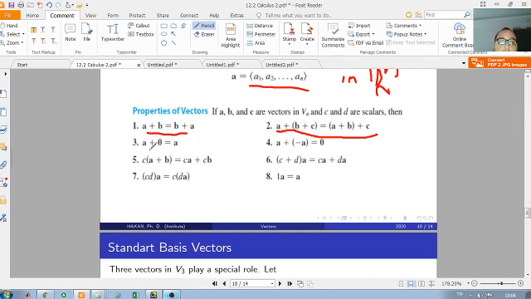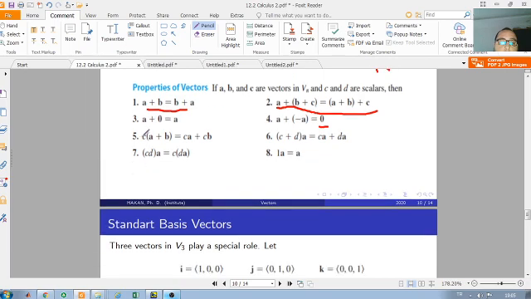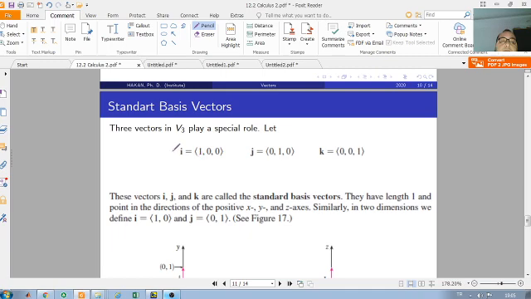And the addition of a vector and the 0 vector gives itself, and the addition of a vector and its negative gives the 0 vector. These can be easily proven, and the scalar can be distributed over the addition of 2 vectors, you see, and also the vector A can be distributed over the addition of numbers, you see, and so on.